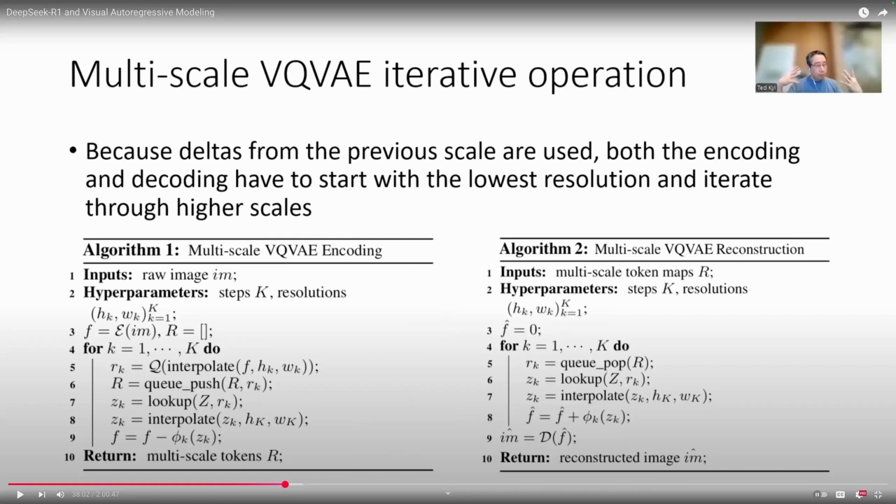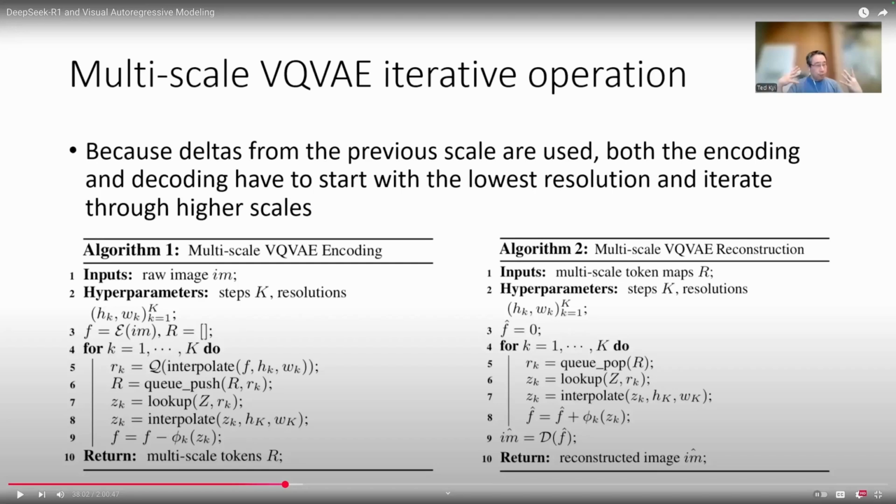through the vector quantizer, and it ends up with a codebook value. The codebook in this model was 4096, so you get an integer between 0 and 4095. You just get one integer. Then, in this algorithm, there's this queue push step.